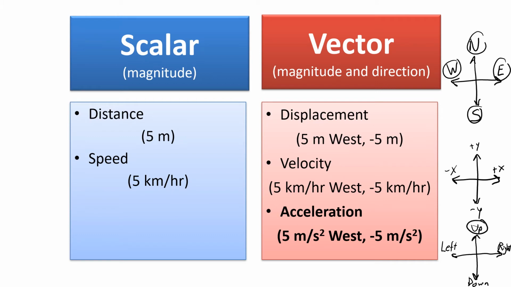Anything moving up or to the right is seen as positive mathematically, and anything left or down we make negative. And that's the convention that we use, so that in our equations, if it pops out a negative number, you're going in the negative direction, whether the problem says west or left or even just in the negative x direction. All right, so the direction matters, the signs matter, plus or minus.